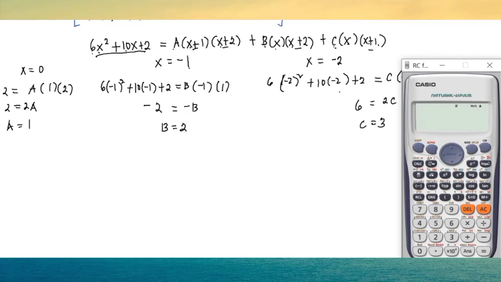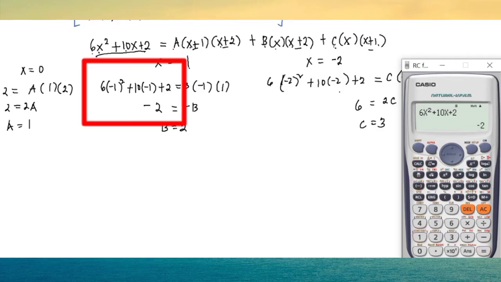Okay. So, kapag nag-evaluate tayo ng function, what we are going to do is just type the function. So, 6x squared plus 10x plus 2. So, if x is negative 1, ang gagawin lang natin, calc negative 1 equals, so, nakuha na agad natin itong negative 2.